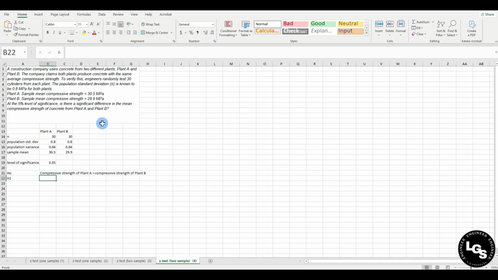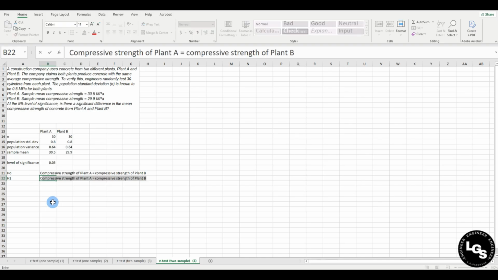Then for the H1, we go back to the question. We want to know if there is a significant difference in the mean compressive strength. So again, this is non-directional, so we can use the not equal. It did not specify if the engineers want to know if plant A is stronger than plant B or weaker than plant B. They just want to know if there is a significant difference.